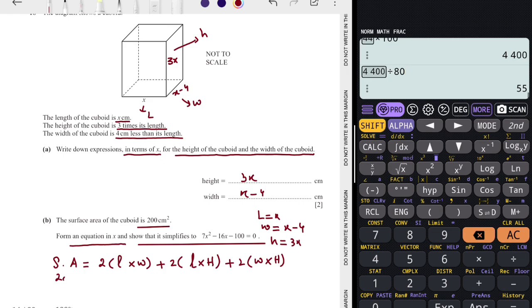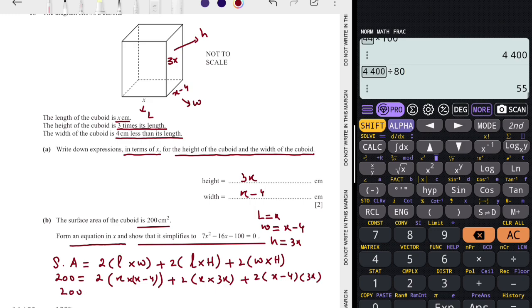So it would be 200 is equal to 2 times length x and width x minus 4, plus 2 times length x and height 3x, plus 2 times width x minus 4 and height 3x.